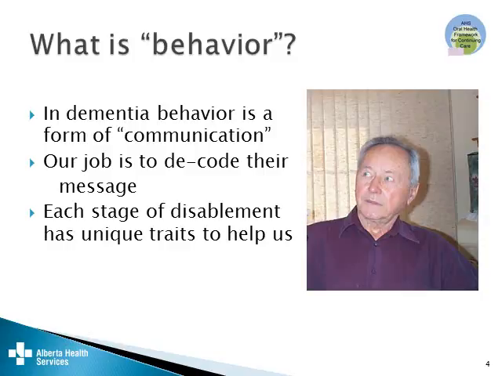It is in this stage that behavior speaks the loudest, and this is the only form of communication that our residents have left. We have tools to share today to help decode what these messages may mean. Each stage of disablement has common clues that can help us understand where to start, understanding where they are in their world.